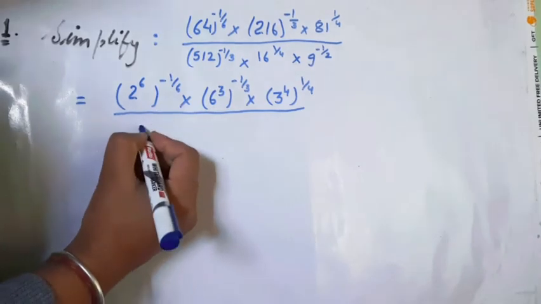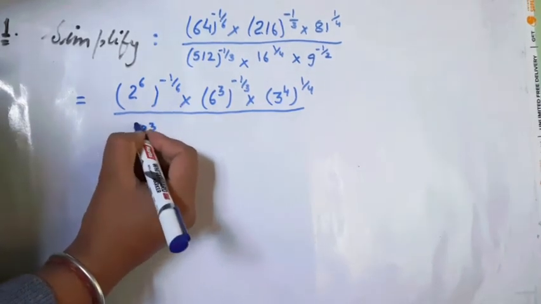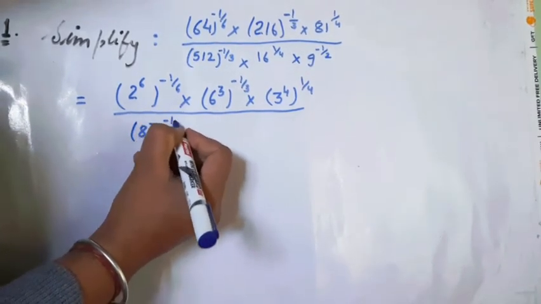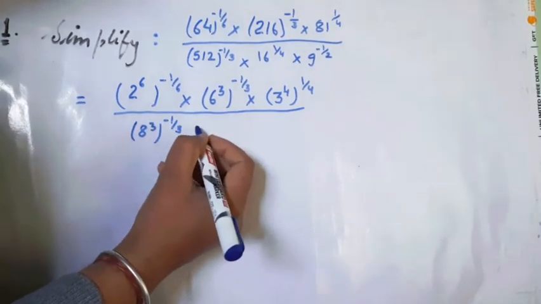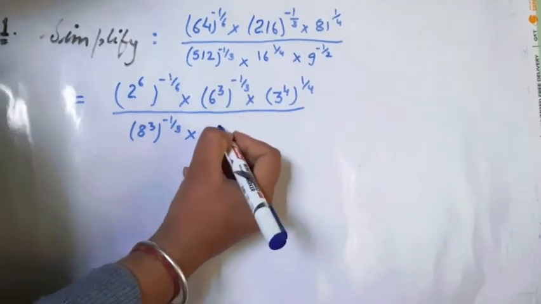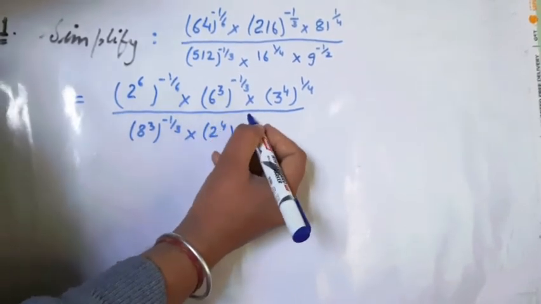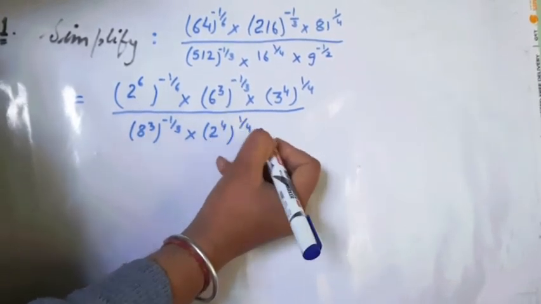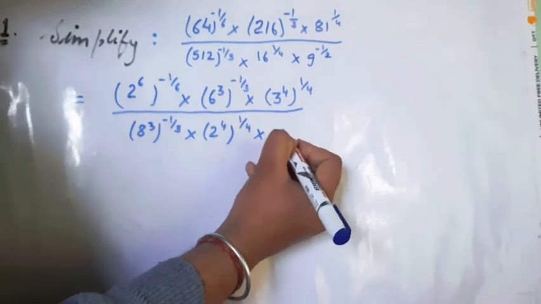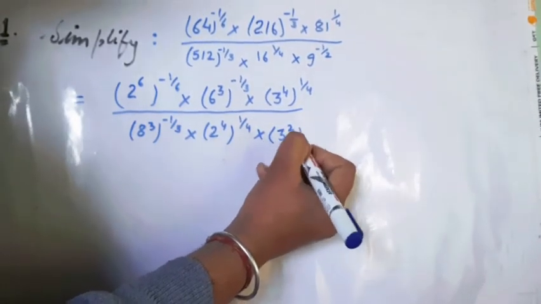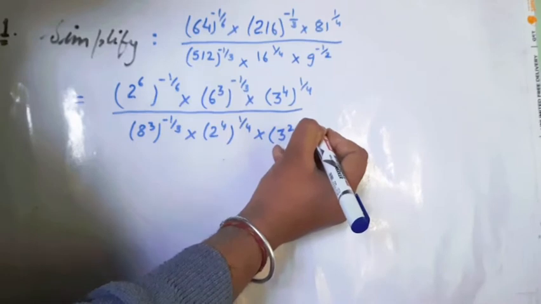So I am writing 8 raised to power 3 whole raised to power minus 1 upon 3. Then 16 can be written as 2 raised to power 4 and whole raised to power 1 upon 4, and 9 can be written as 3 raised to power 2 and whole raised to power minus 1 upon 2.